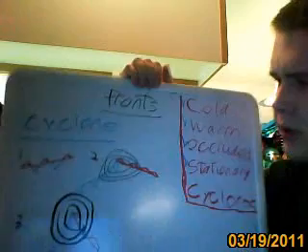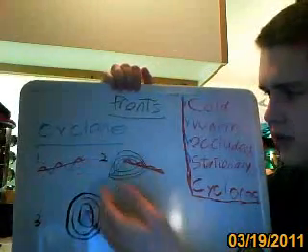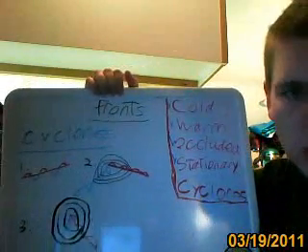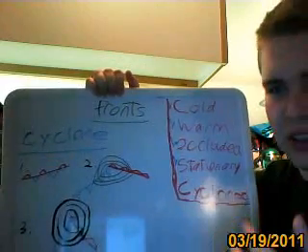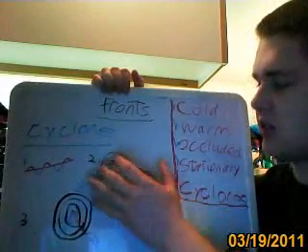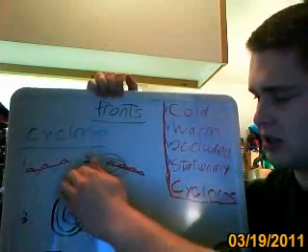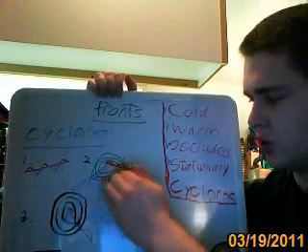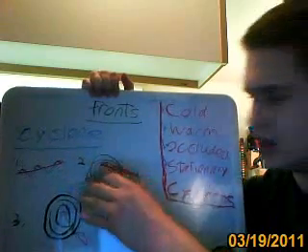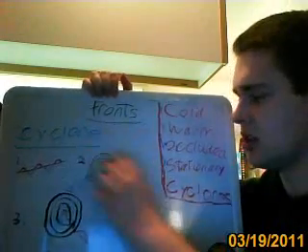So as I have drawn right here, it starts with a stationary front, but what happens is that a small disturbance causes a bend in the front, and it starts forcing the cold front to move towards the warm front, overlapping it. And this creates this cyclone motion here in the center.